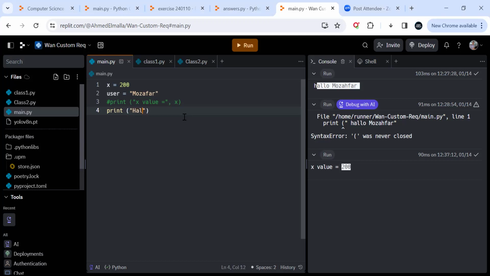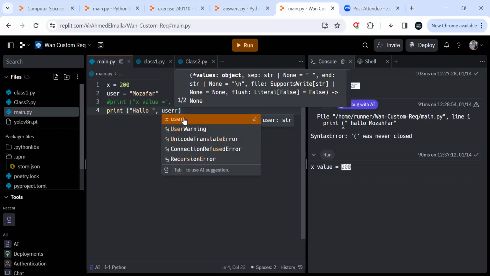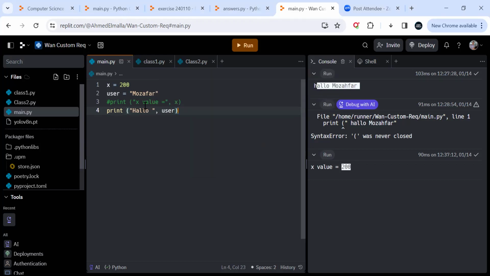So I print hello, and then I use user like that. Okay. But then, can you see the output on the screen?